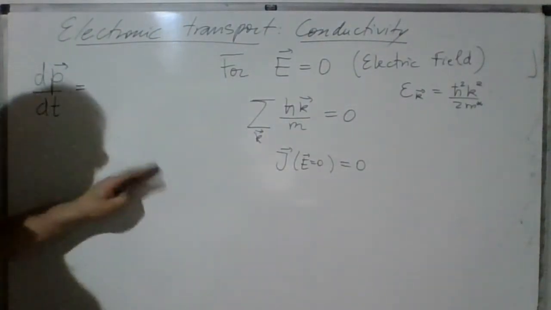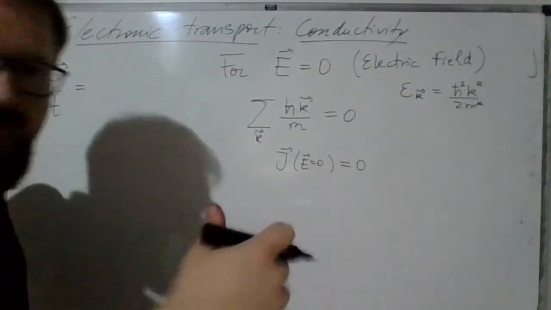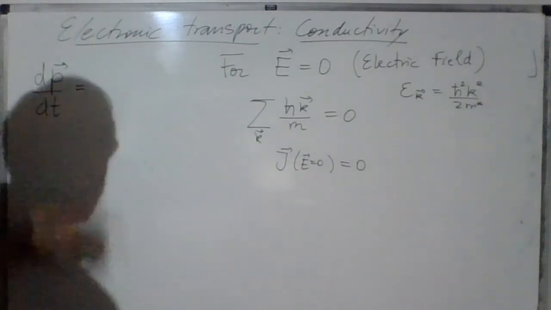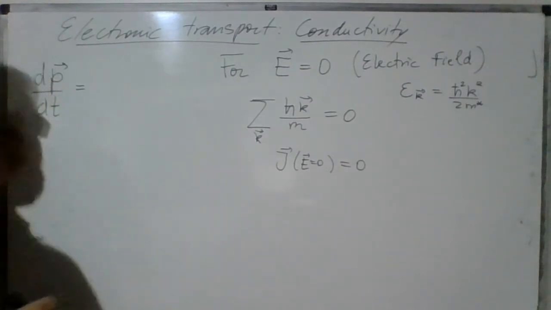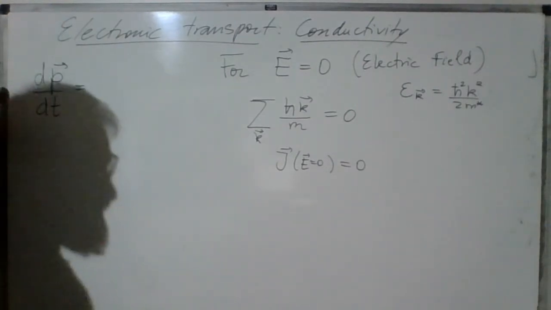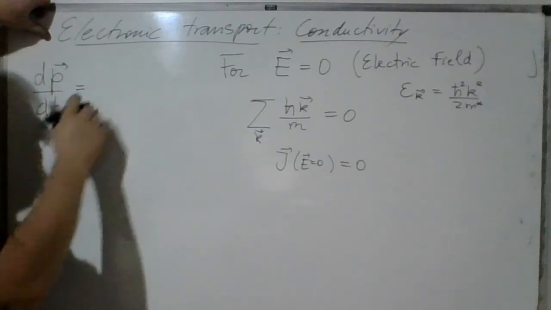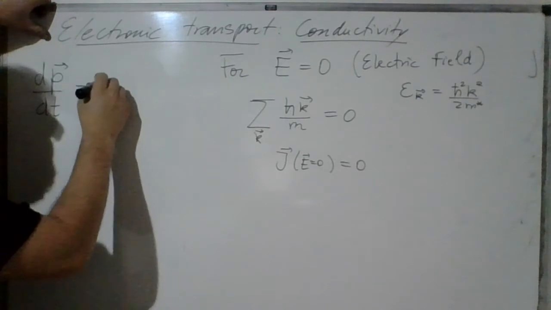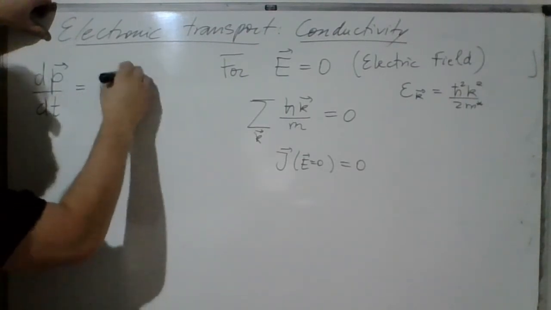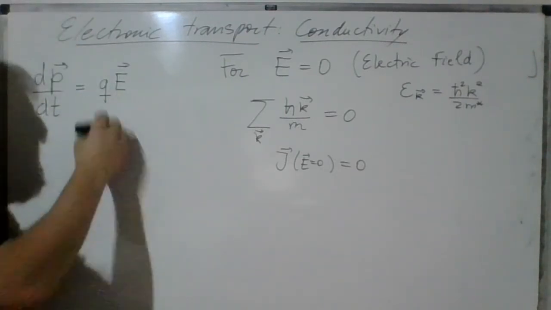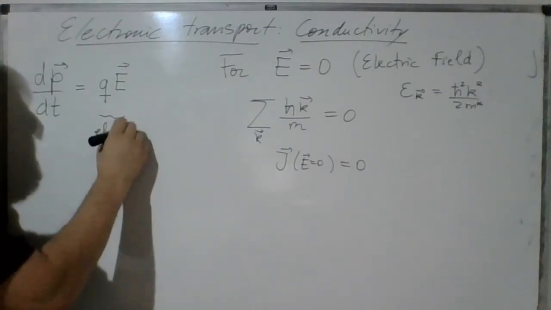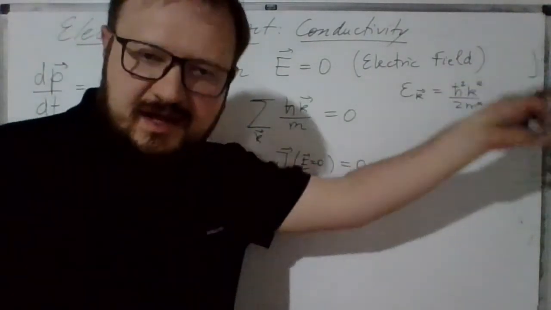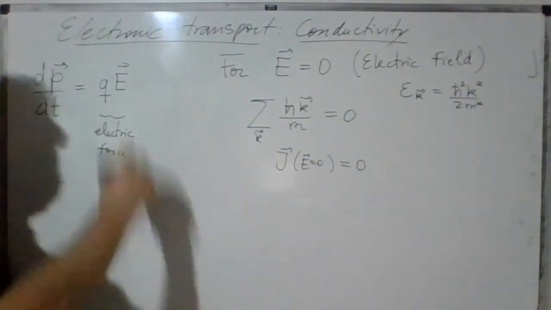And in this case, you could show it properly, but we need now to introduce a factor here. I will explain it in a moment. For Newton's second law, the derivative of momentum with respect to time is equal to the electric charge times the electric field. This is the electric force. If you have magnetic fields, you need to take into account the magnetic forces also.